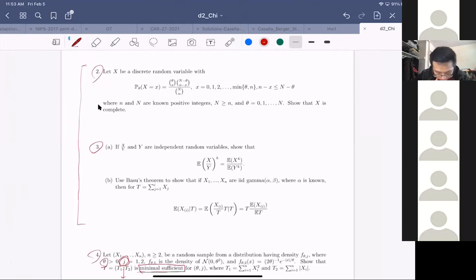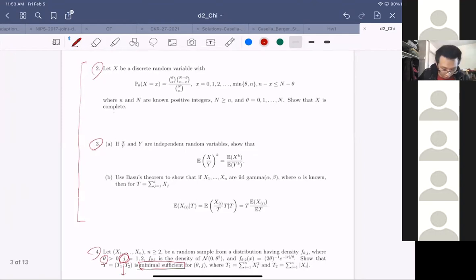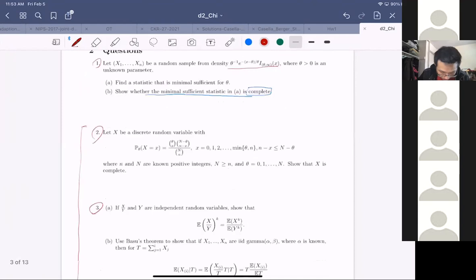Could you also post the solutions from last week's discussion? I think I did; you can find a solution on Canvas. Maybe you did, sorry, I don't know if I checked. That's fine.